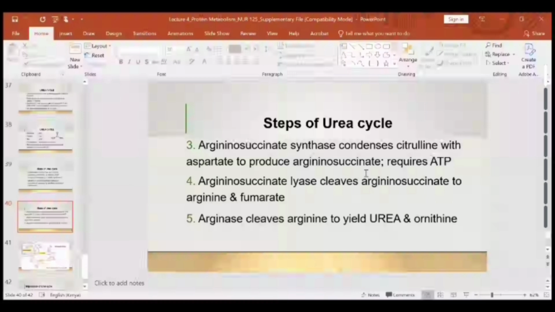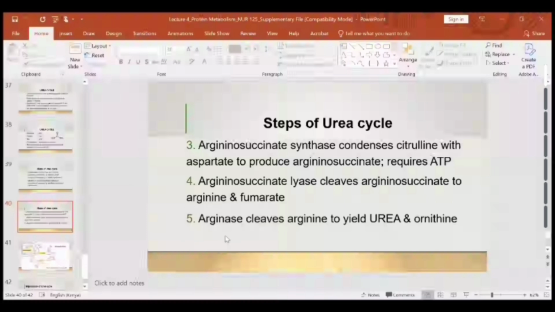Once you have argininosuccinate, it's cleaved, broken down into arginine and fumarate, and that cleaving is done using argininosuccinate lyase. So argininosuccinate lyase cleaves argininosuccinate so that we produce arginine and fumarate.